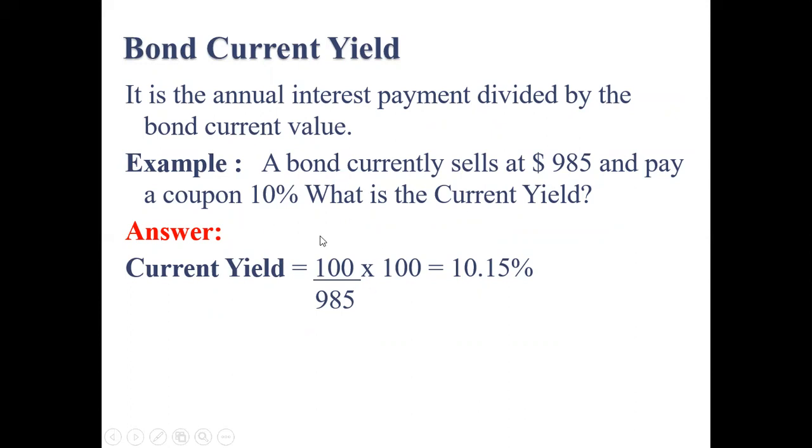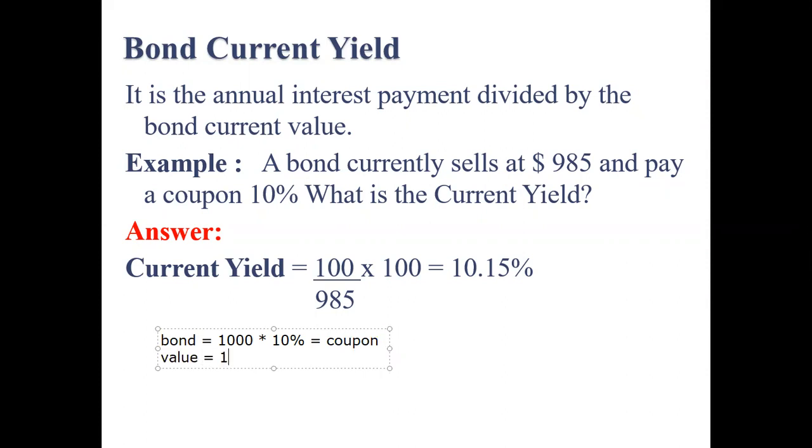So this $100 comes from the 1,000 times 10%, which is called the coupon value, and this coupon value is 100.